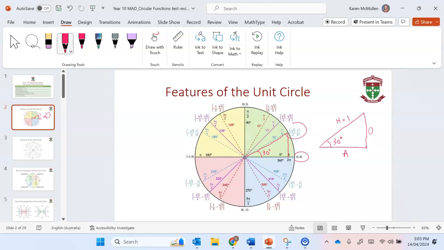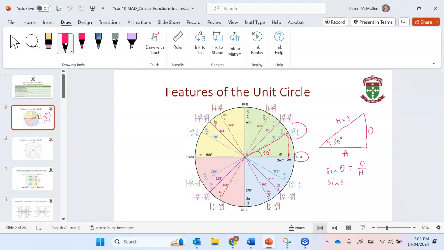Now, if we're working out sine theta, remember our hypotenuse is always 1. It's a unit circle, so our radius is 1. That's how we get the hypotenuse of 1. Then to work out the opposite side, we use our sine ratio: sine theta equals opposite over hypotenuse.